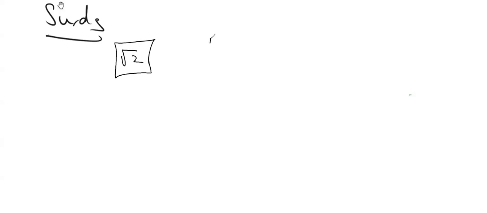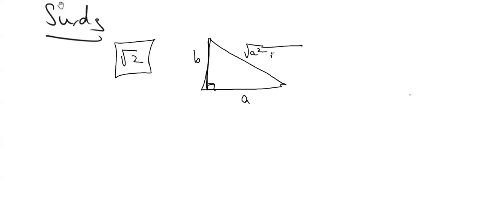They believe the Pythagoras theorem, right? All of you know the Pythagoras theorem. The Pythagoras theorem basically says that if down here is A, down here is B, then down here is A squared plus B squared, right? And the square root of that, right?